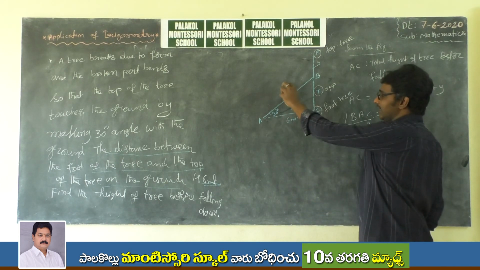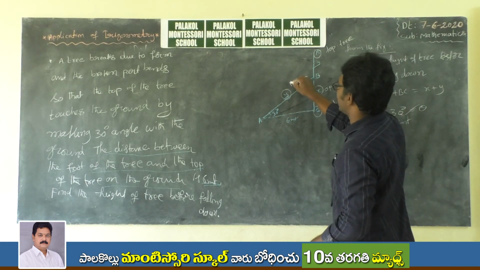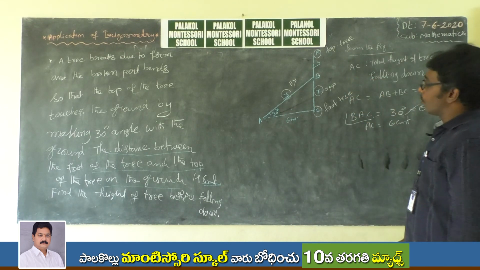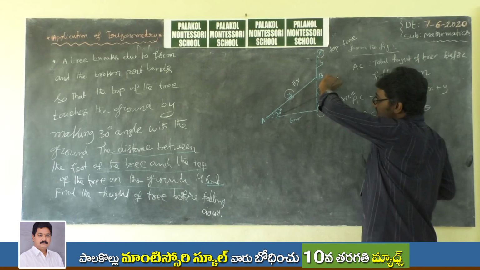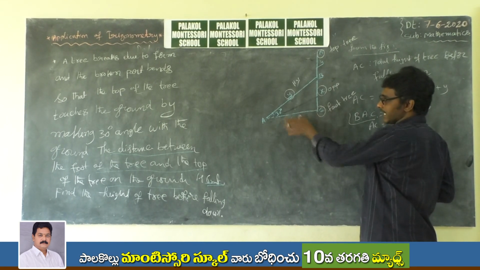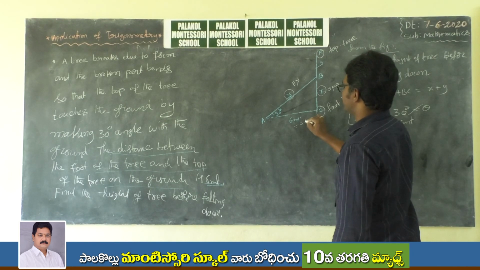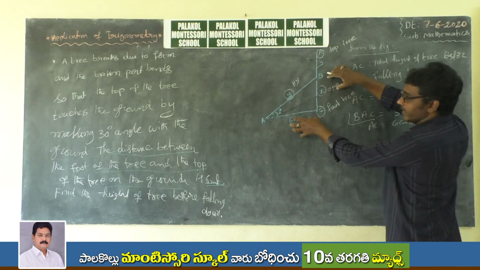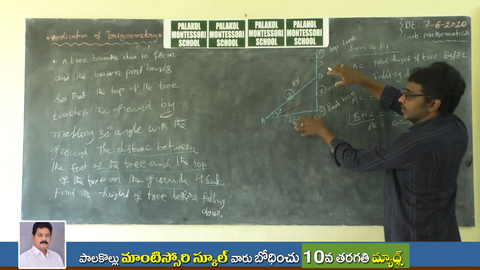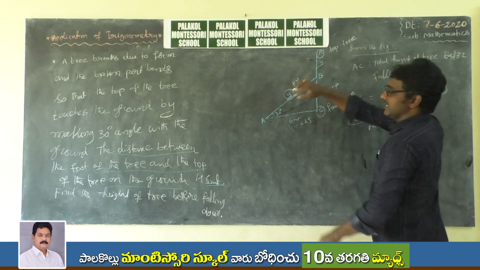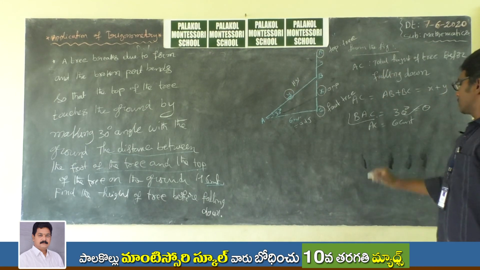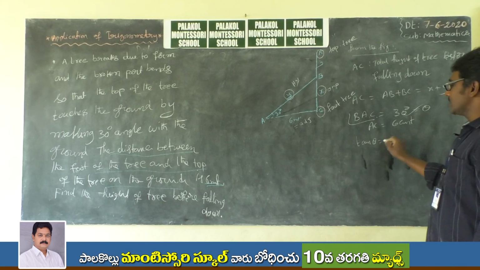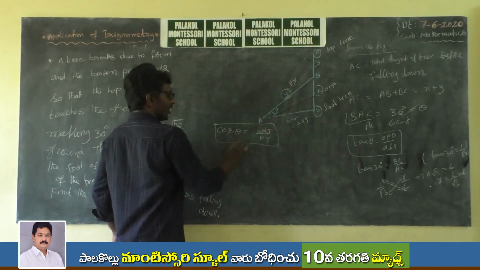According to this acute angle, x is the opposite side and y is the hypotenuse. Now, what is the relation between opposite and hypotenuse? First, observe.